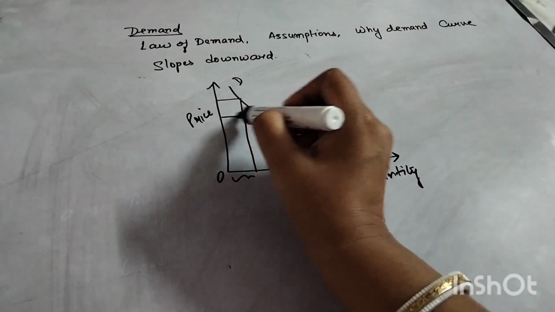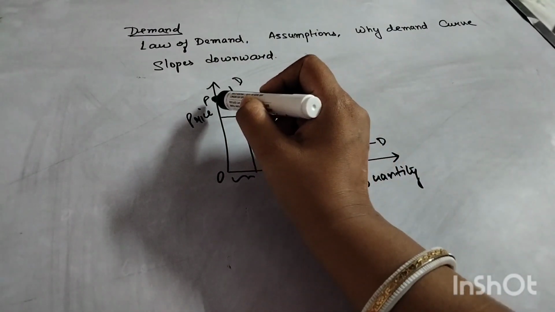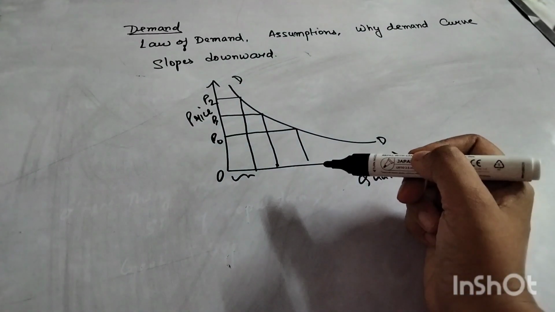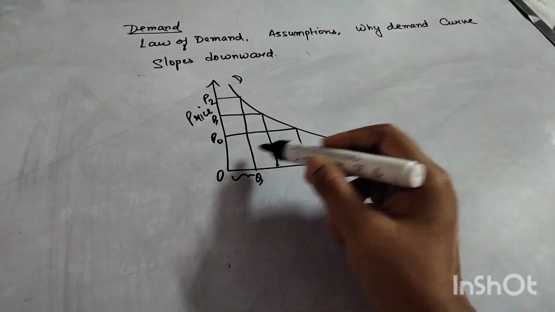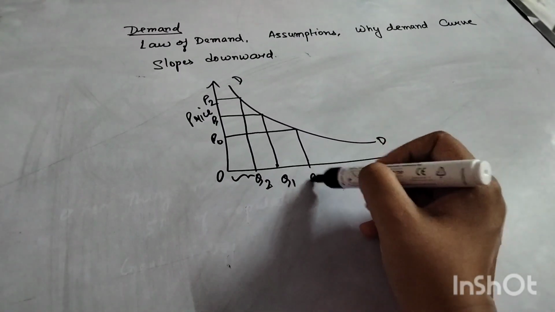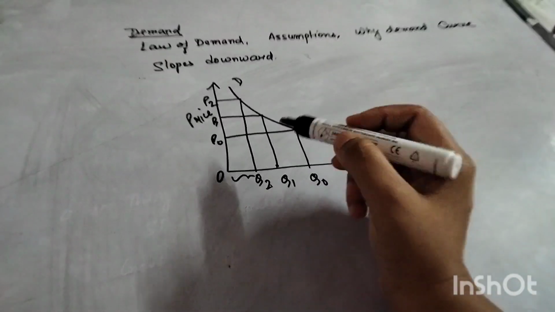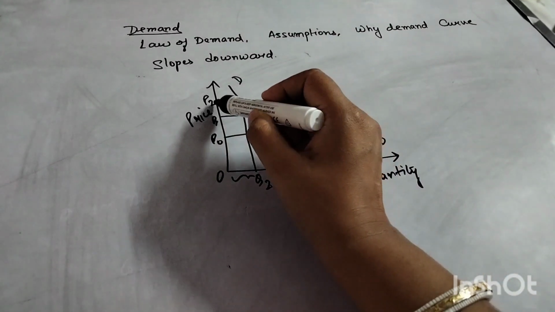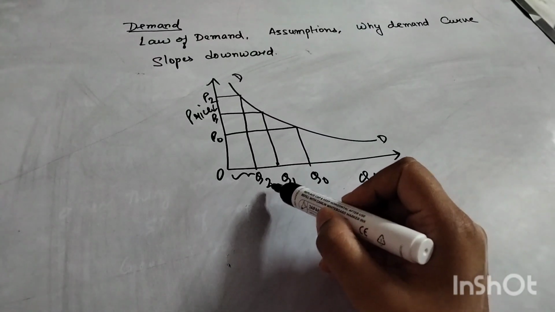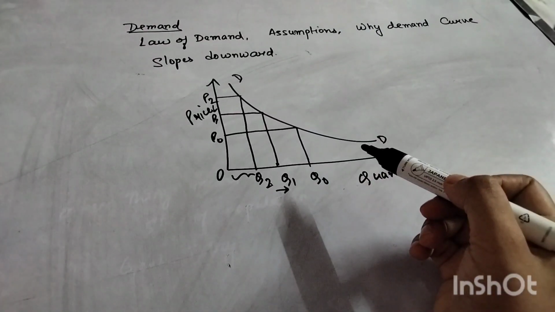This is P0, P1, P2, and this is Q2, Q1, Q0. When your price falls from P2 to P1, your quantity demanded increases from Q2 to Q1.